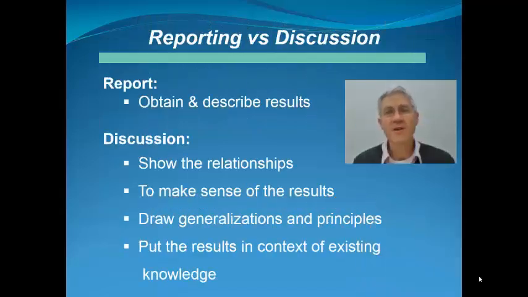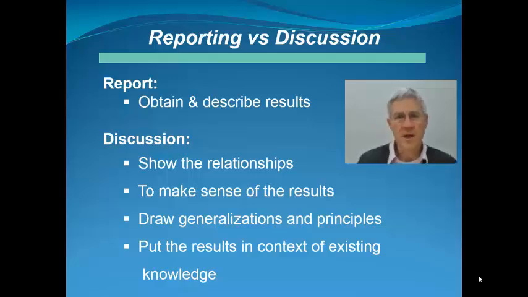There are important differences between report and research writing. In this series of videos, we are aiming at research writing, going beyond just simply obtaining and describing results, which is what report writing limits itself to.